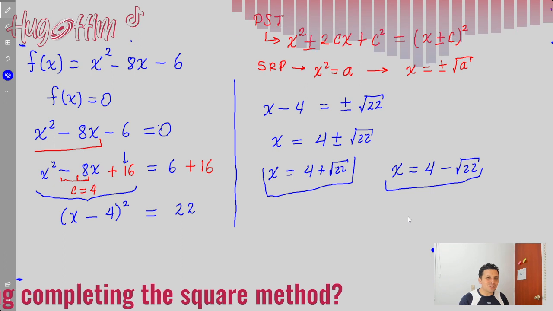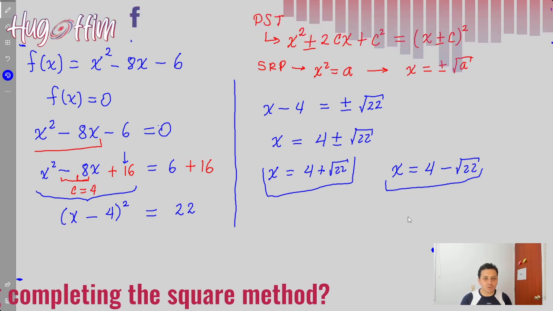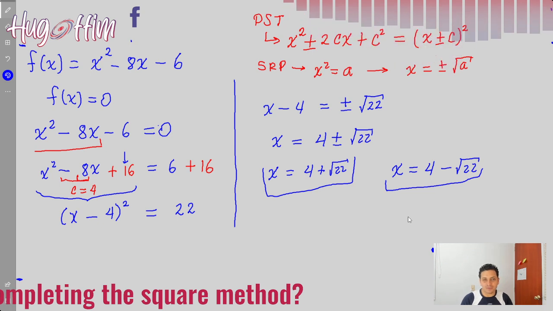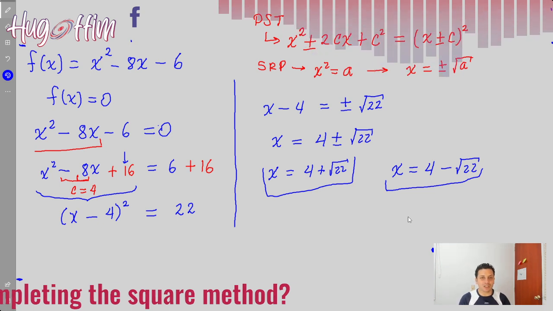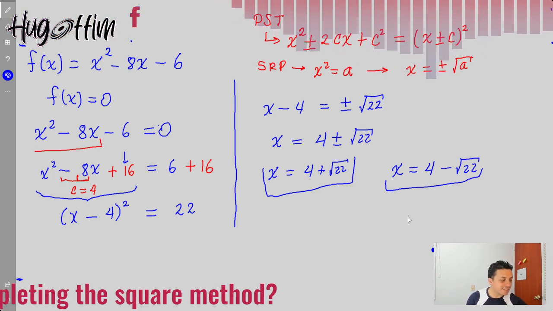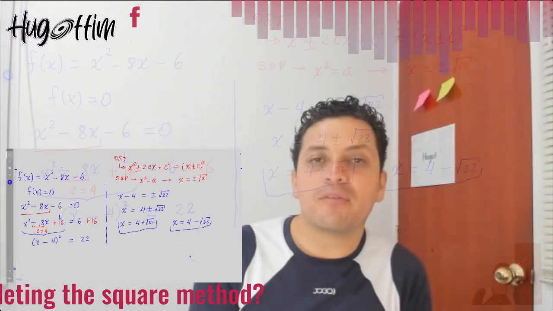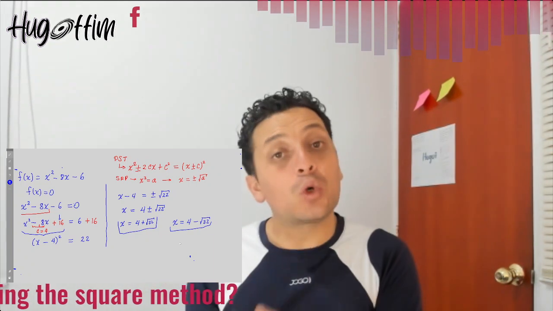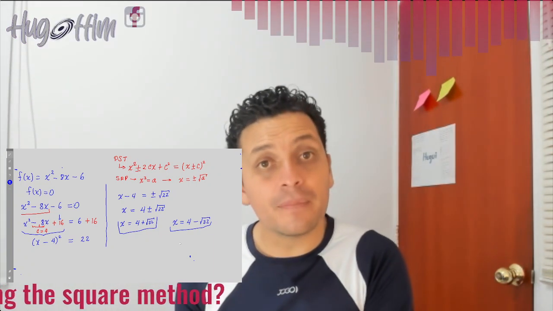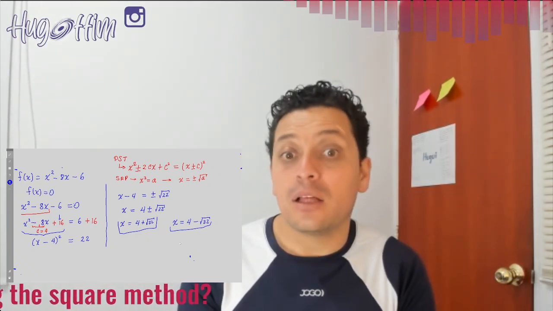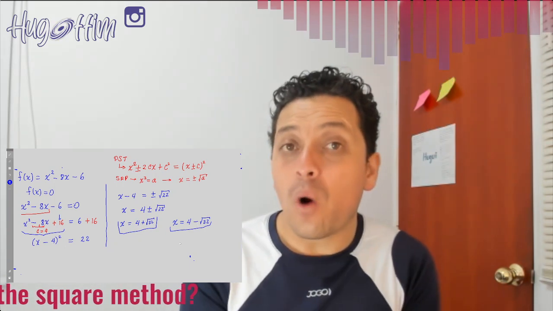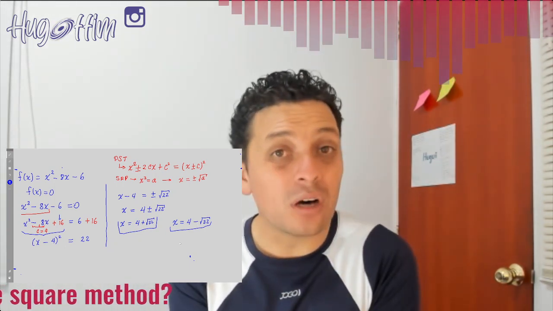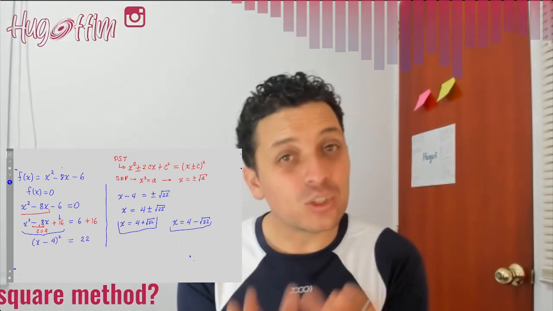So at this point, what we just did was solve the equation by applying the square root property and the perfect square trinomial. To solve this type of equation, you need to identify the term you need to add to complete your perfect square trinomial, and identify the term you need to take the root of to apply the square root property.